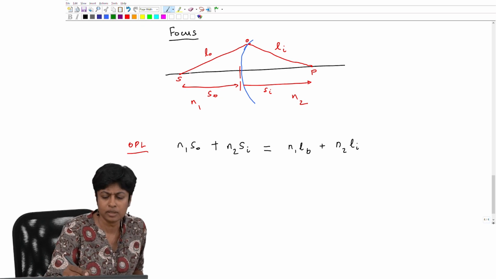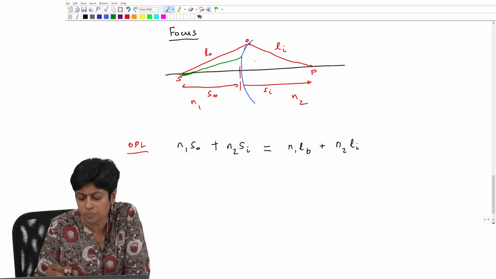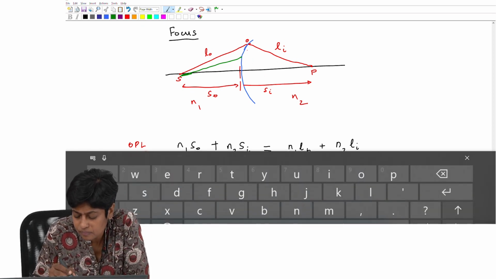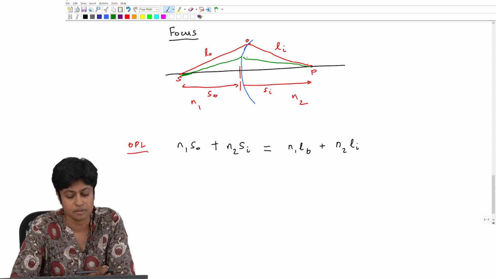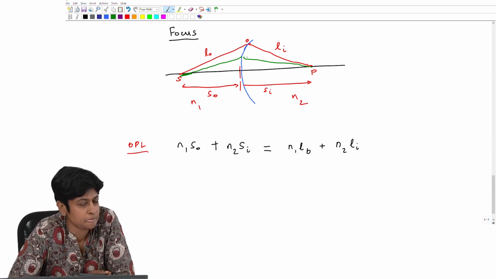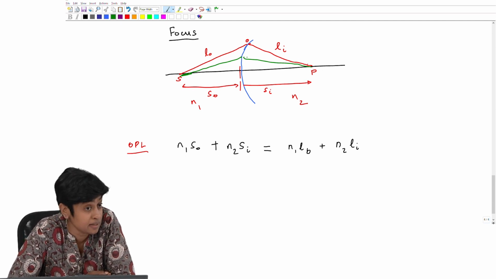If I drew another ray like this, from S all the way to P. You agree with this? If every ray travelling from S reaches P and this condition is satisfied, the optical path lengths are equal.